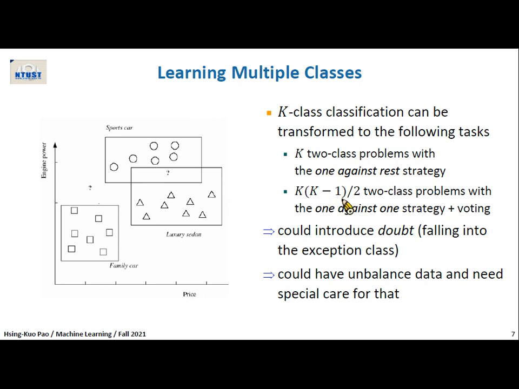The other strategy is to make the 2-class problem take turns being one against one. One against one means we choose two classes. Let's say between sports car and sedan, we make a separation.